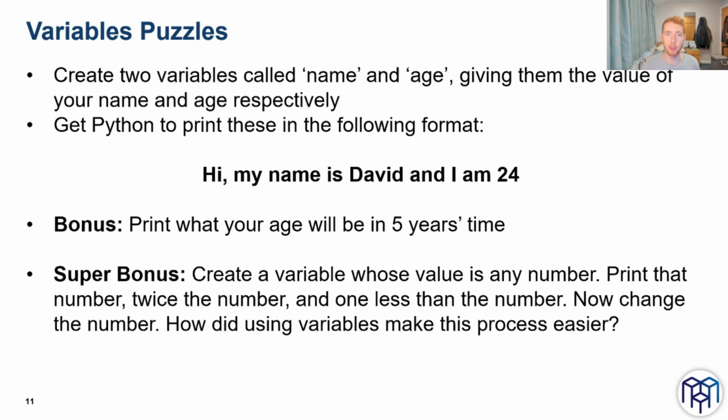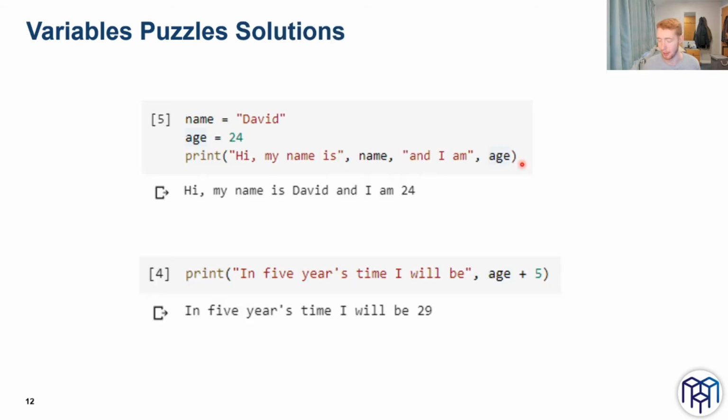Right then, let's have a look at these solutions. So the first bit asked us to print out our name and age in this format here. So we can do that by creating two variables, one called name and one called age. So in this case, we had name set to be David. So take the value of David and assign that to the variable name. And then take the number 24 and assign that to the variable age.